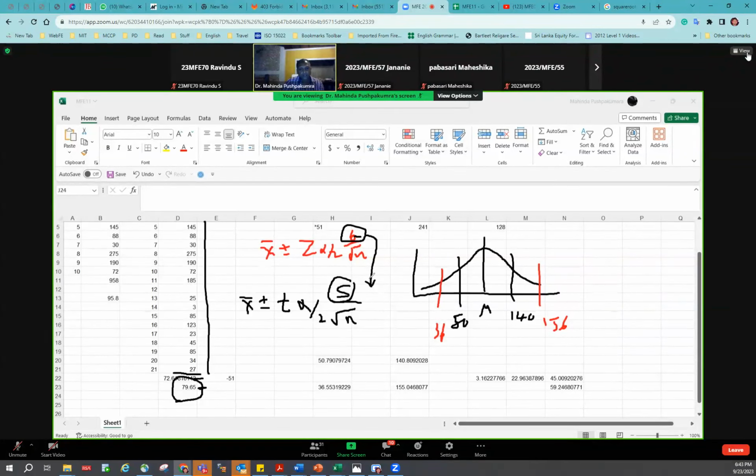Then what is the sample standard deviation here? You can also calculate it.